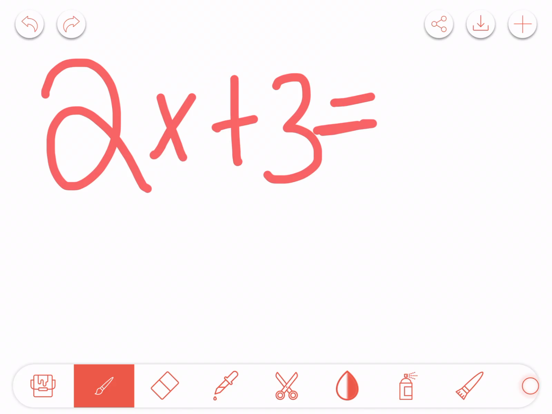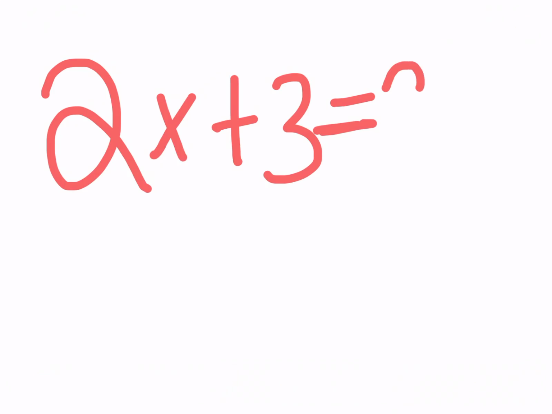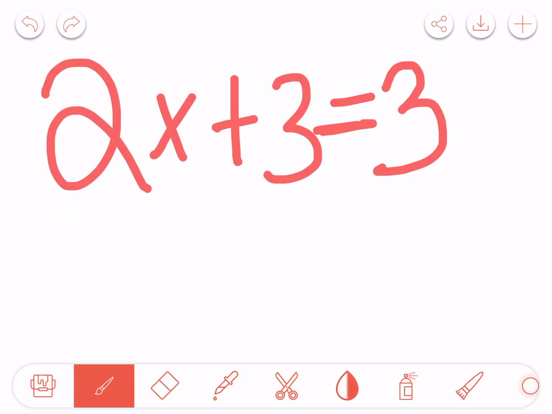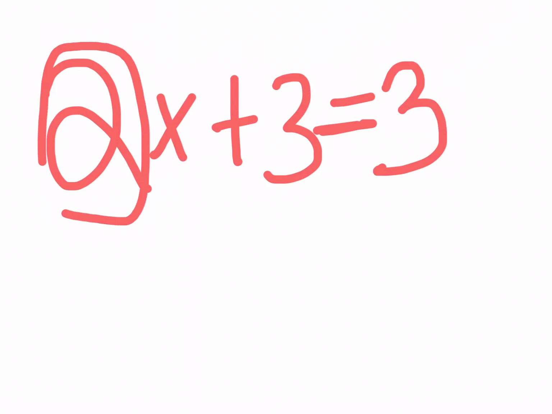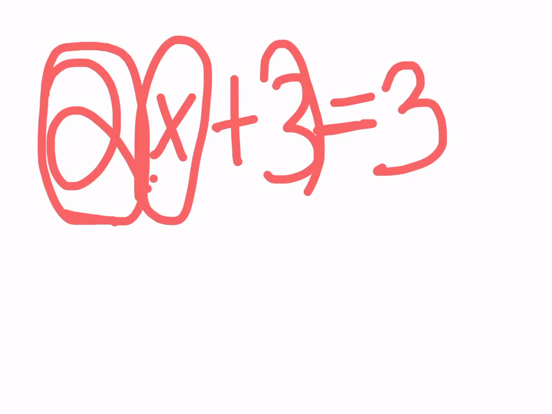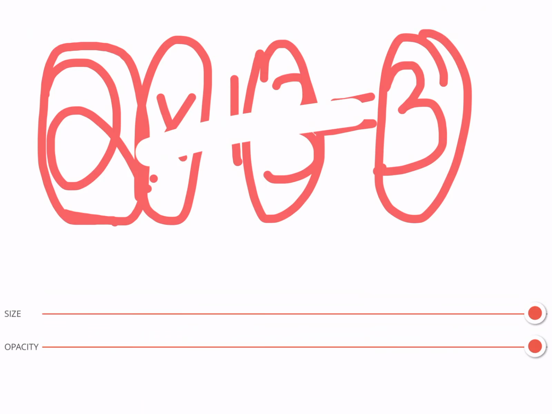Now, in a one-step equation, you usually have something like this. You would have a coefficient sometimes, but you would always have a variable and a constant, which usually equaled another constant. But in two-step equations, it's a bit more complicated than that.